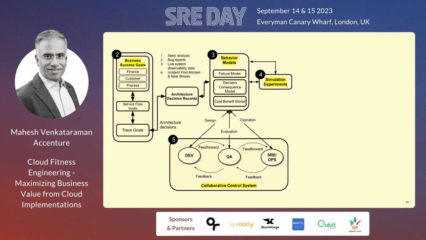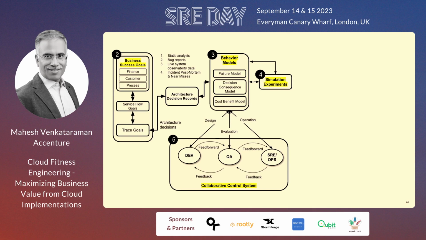Similarly, the QA team can feed forward initial findings to SRE, and then SRE or ops can update their playbook and runbook. And as SRE or ops people find some behavioral issues, they can feed it back into the QA, and then QA can in turn feed it back. Nothing prevents SRE and ops to directly talk to the dev.